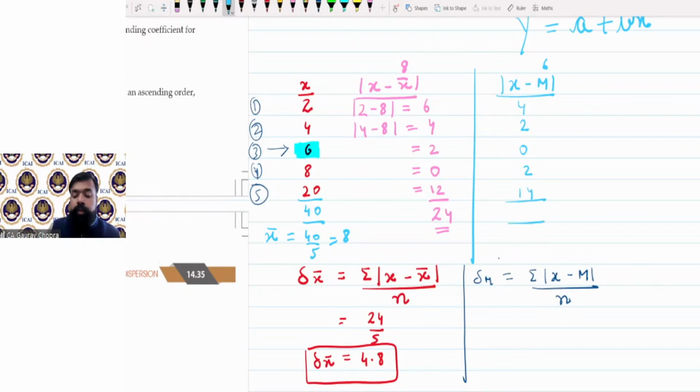The total will be 22. Now let us apply the values: 22 upon 5. The result will be 4.4. This is mean deviation from median.